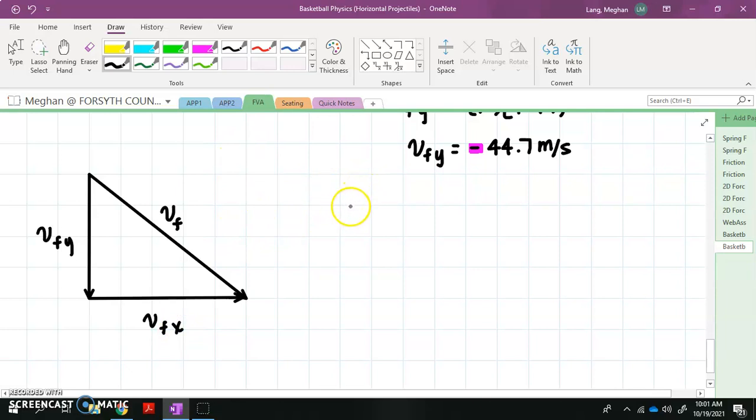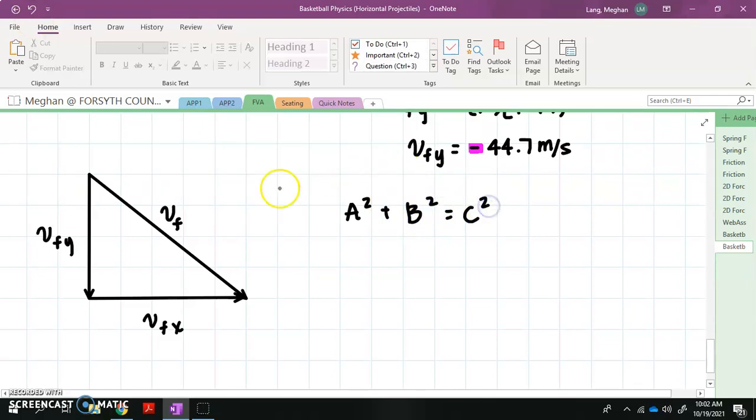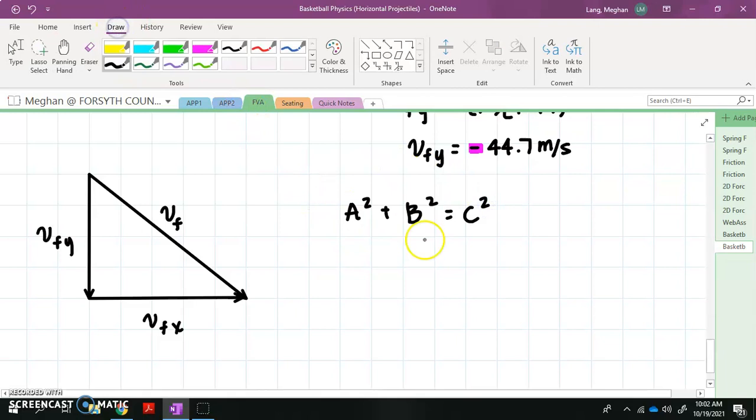So when I have both sides of the triangles and I want to find the hypotenuse, I could do a squared plus b squared is equal to c squared, where c is our hypotenuse. So c, or our final velocity total, would be equal to the square root of vx squared plus vy squared.